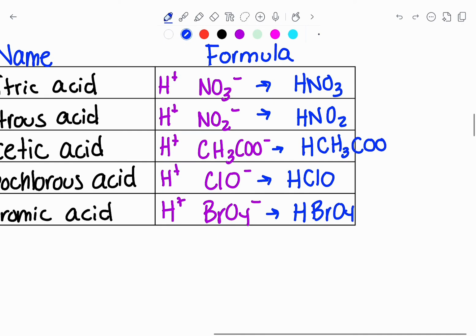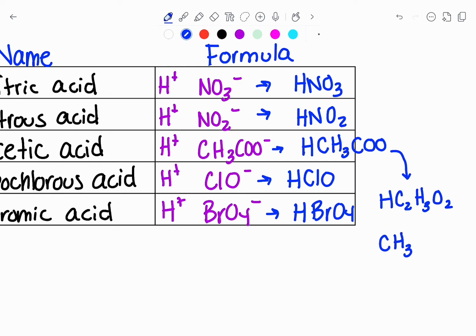There's other ways that you could see acetic acid written. You could see it written as HC2H3O2, or you could see it as CH3COOH.